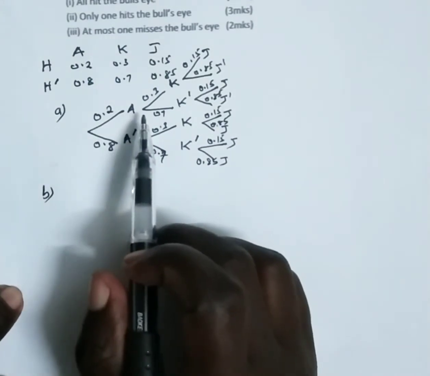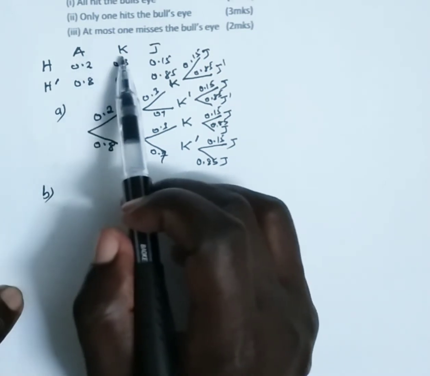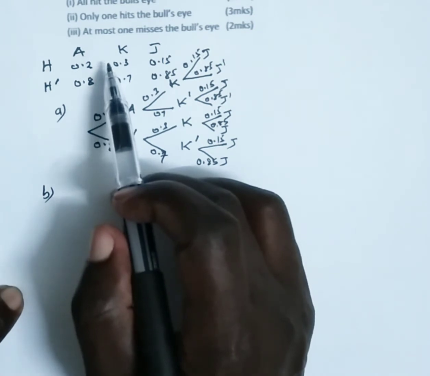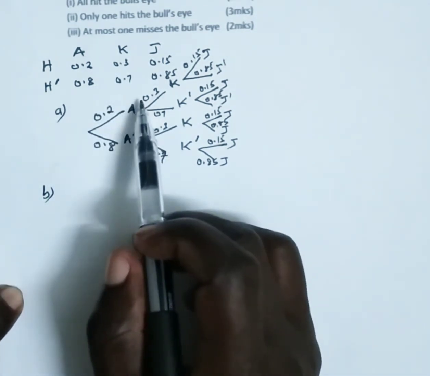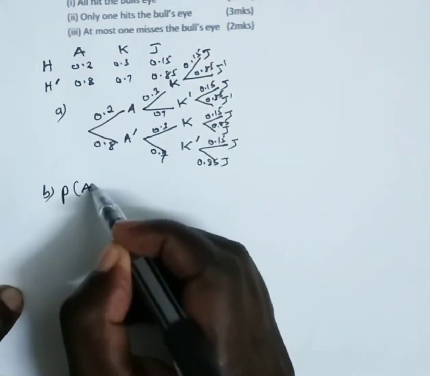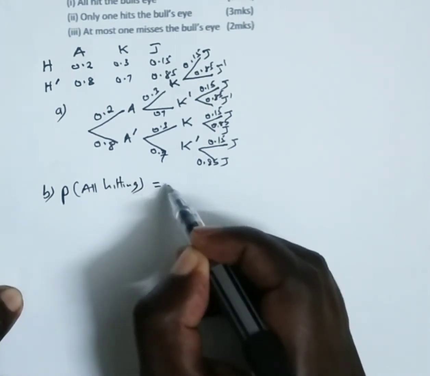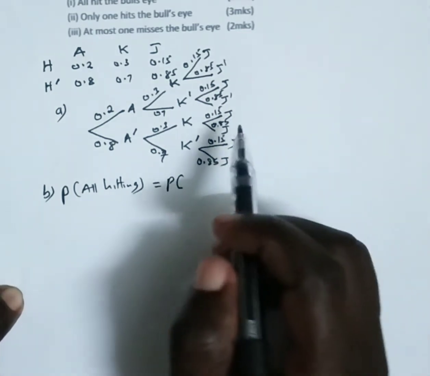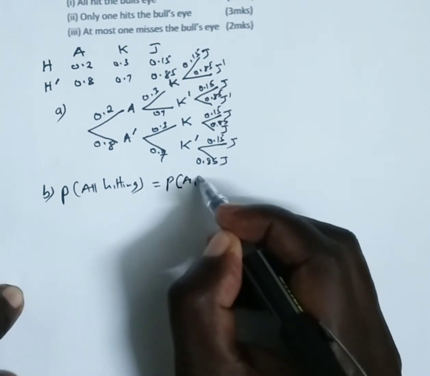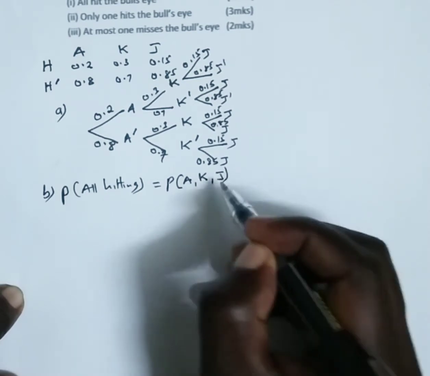Since these are independent events, meaning Akinyi hitting does not influence the two from either missing or hitting, and we said under independent events, the outcomes are joined using a multiplication sign. So to find the probability of all hitting the bull's eye, we take the probability of Akinyi hitting, multiply by the probability of Kamau hitting, and multiply by the probability of Juma hitting.